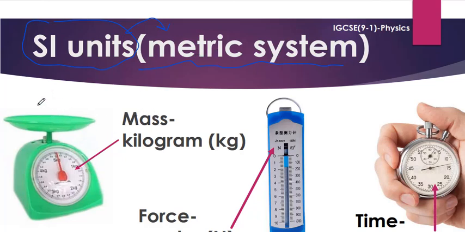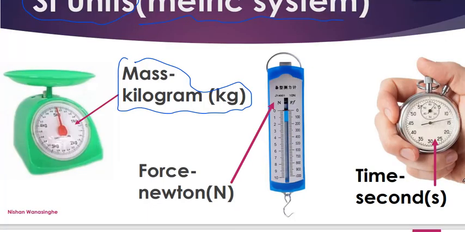You can see in this slide I'm showing the instruments we use to measure these base units. Mass, kilogram: we can use a balance. Force, Newton: we can use a force meter or Newton meter. We call it a force meter. Time: we can use a stopwatch.